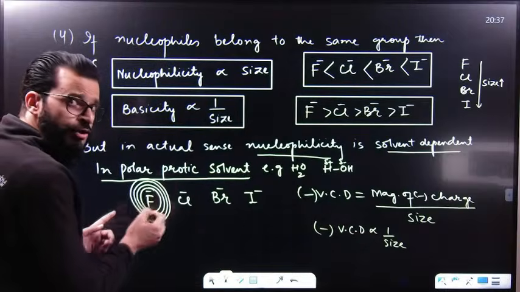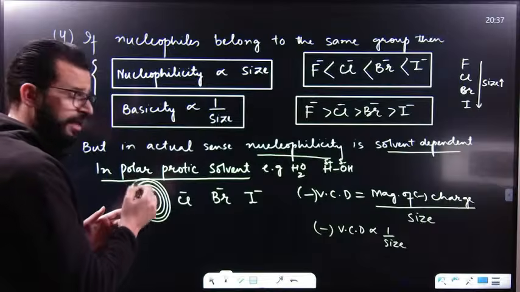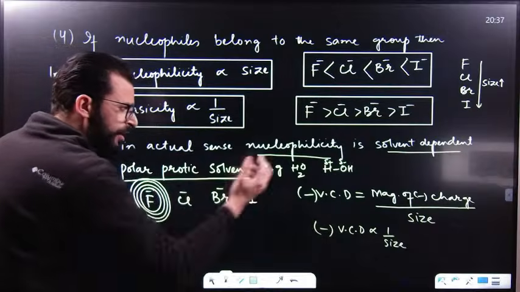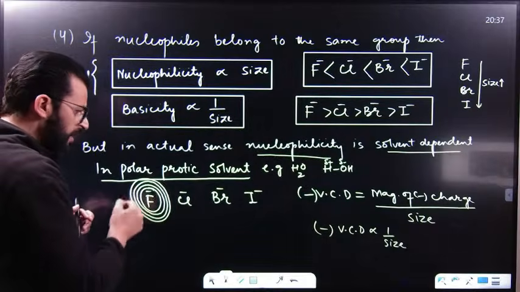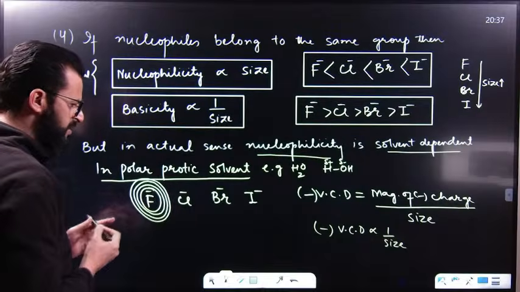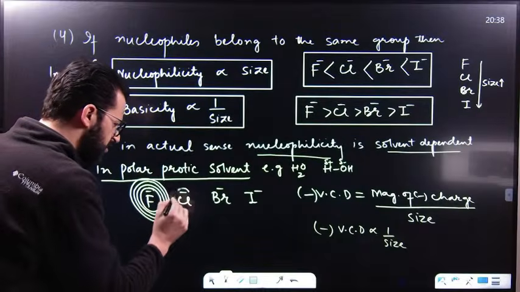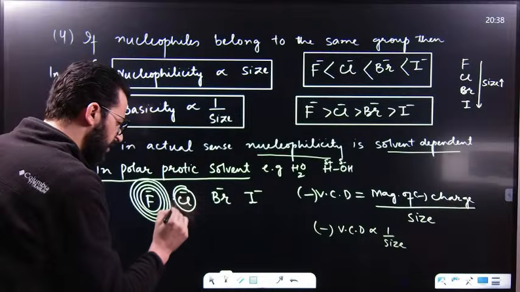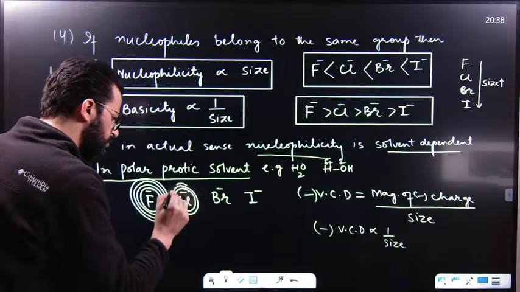If negative volume charge density is more, the H positive will attract or surround this F minus. As compared to F minus, Cl minus will be surrounded by fewer solvent molecules.